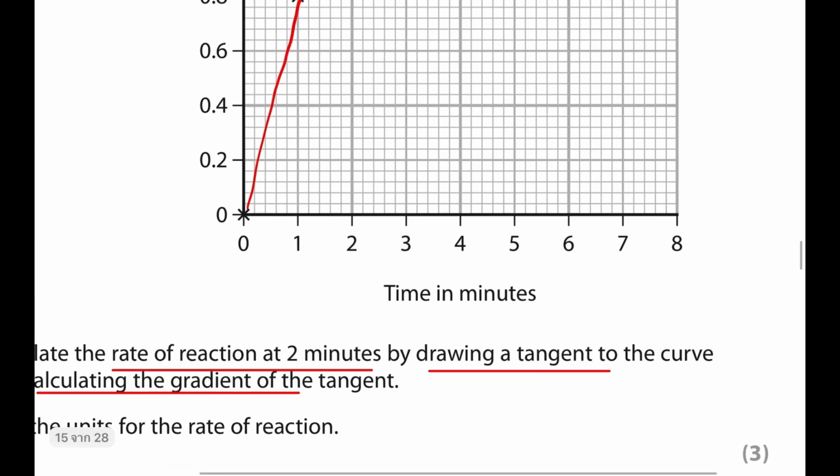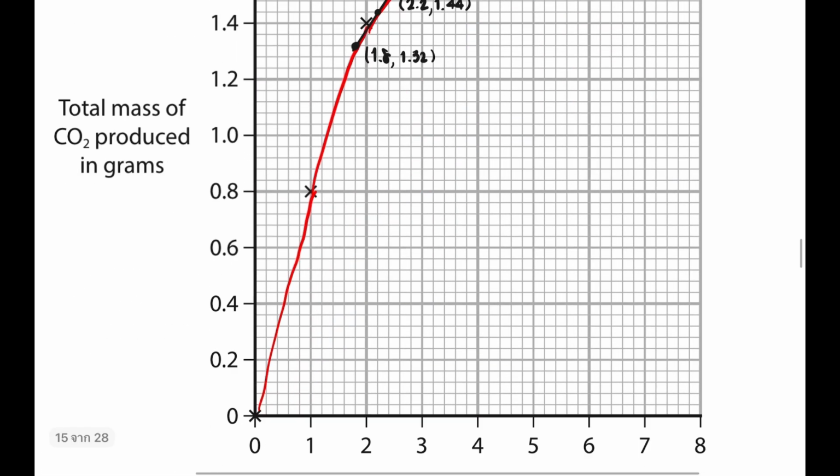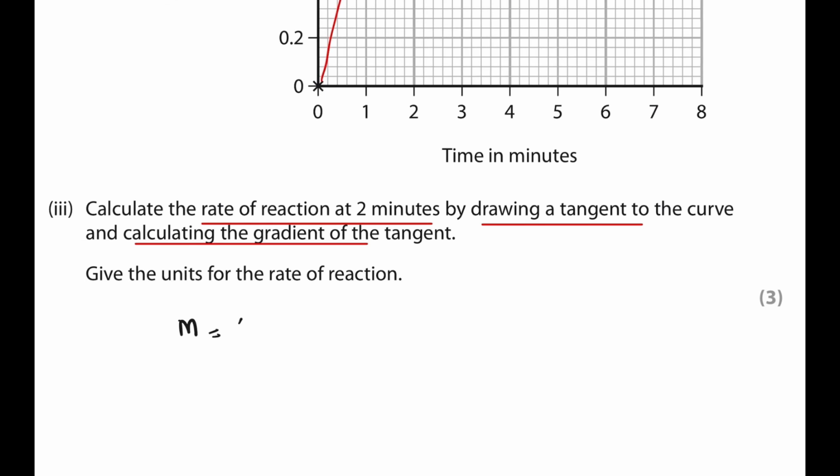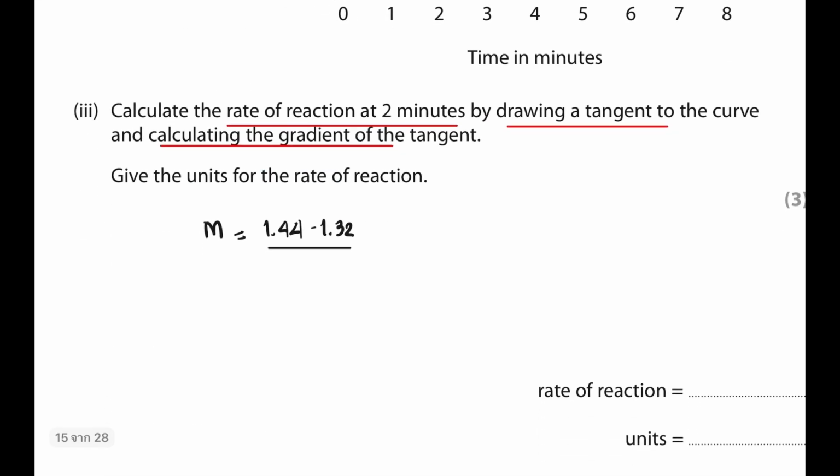Okay, so the gradient will be 1.44 minus 1.32 divided by 2.2 minus 1.8.